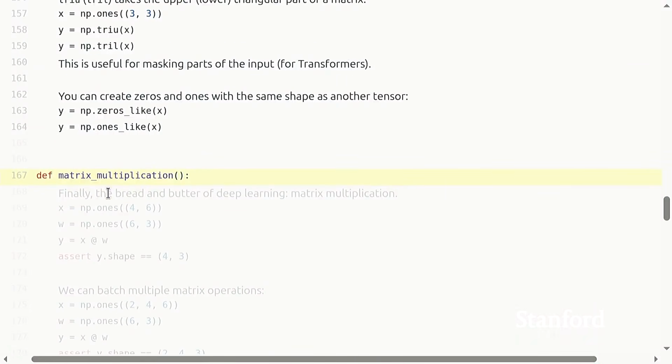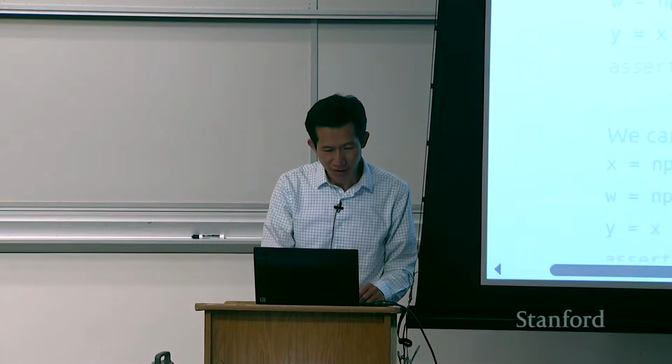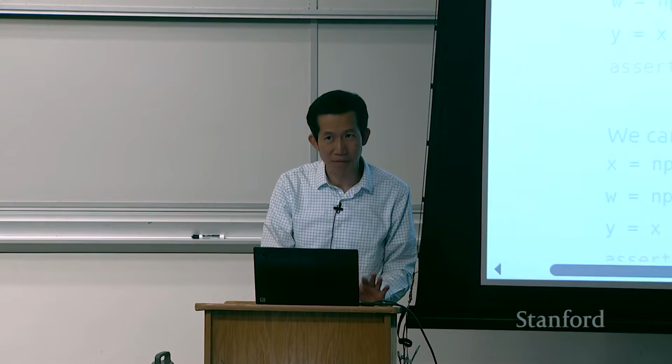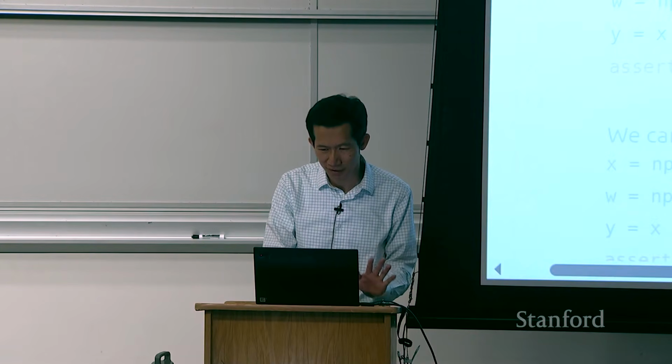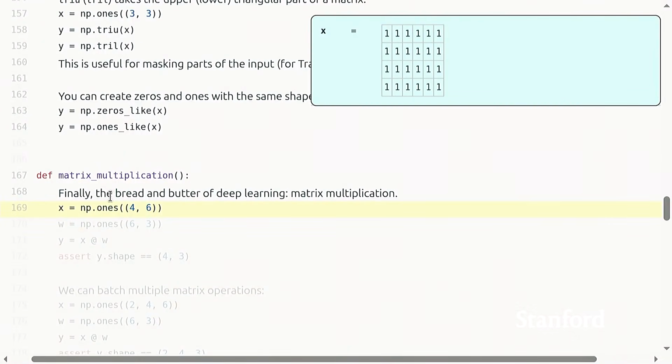OK, so let's talk about matrix multiplication. The bread and butter of deep learning, and generally the main operation you do with tensors, is matrix multiplication. Hopefully you're familiar with it, but let's make sure we're on the same page.